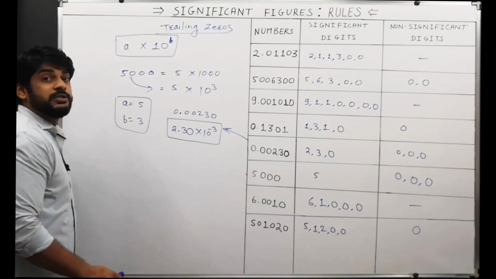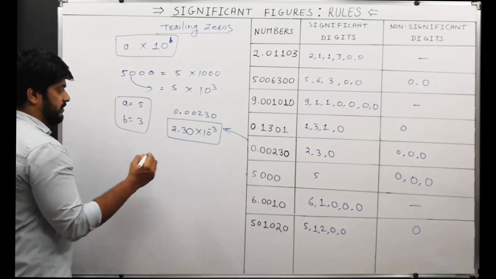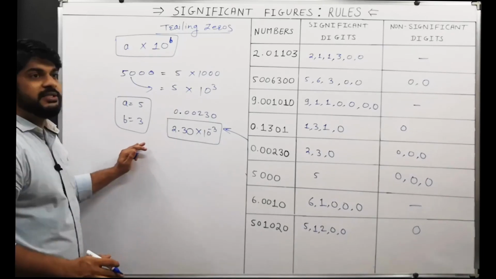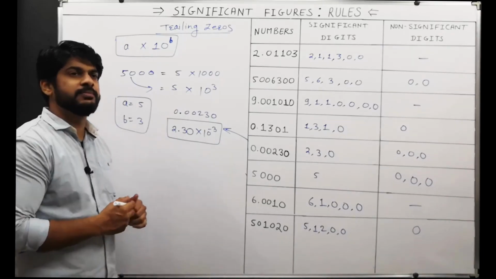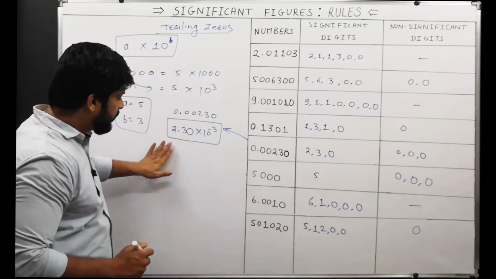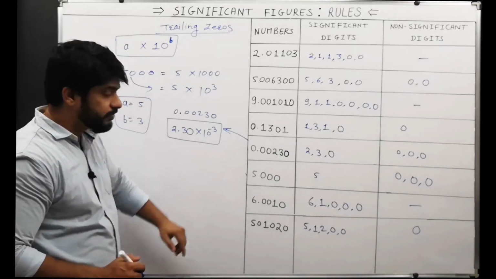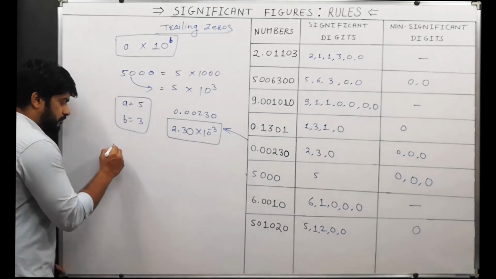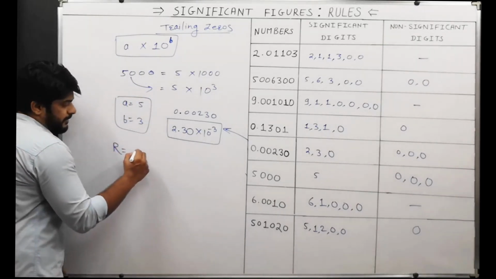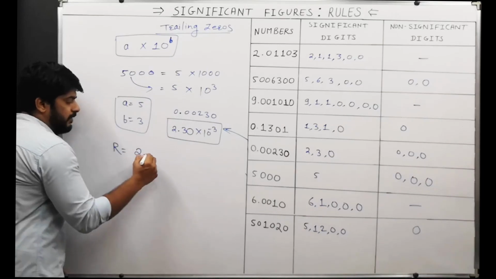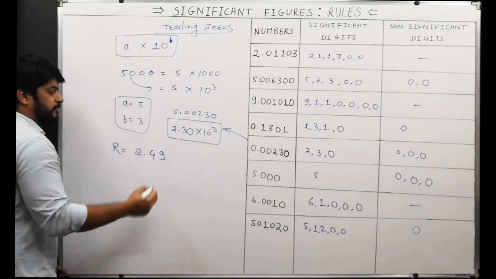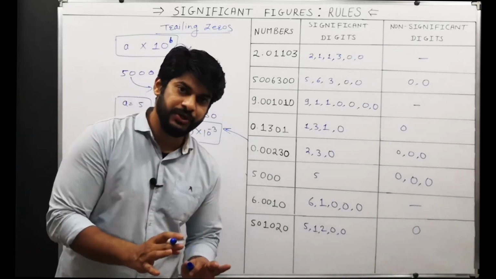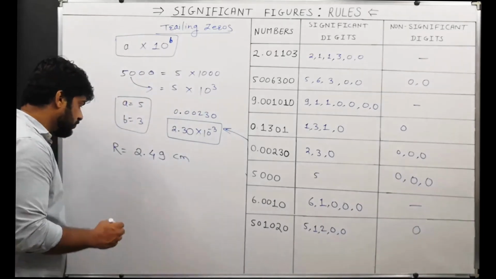Suppose we have a measured value of the radius, with the help of a vernier caliper, and the radius is, let's say, 2.49 centimeter.